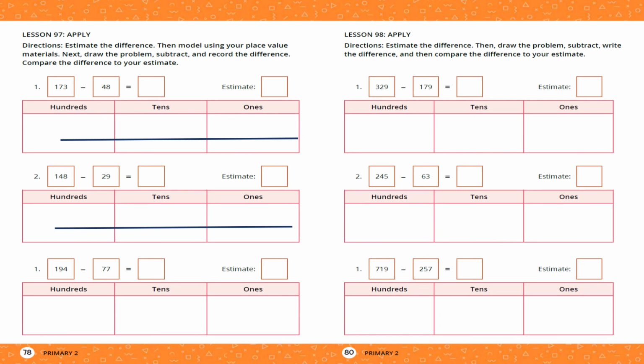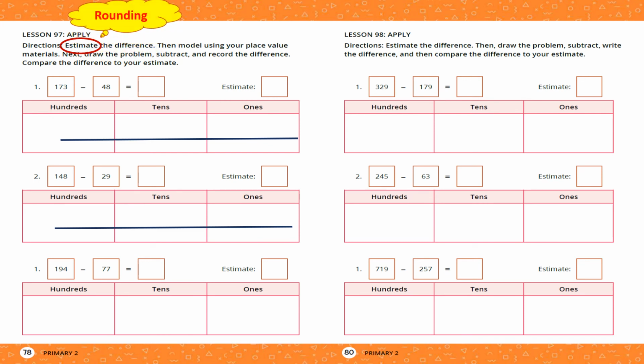Lesson 97, the apply part. Estimate the difference, then model using your place value materials. Next, draw the problem, subtract, and record the difference. Compare the difference to your estimate. Here we will estimate first using the rounding estimation.